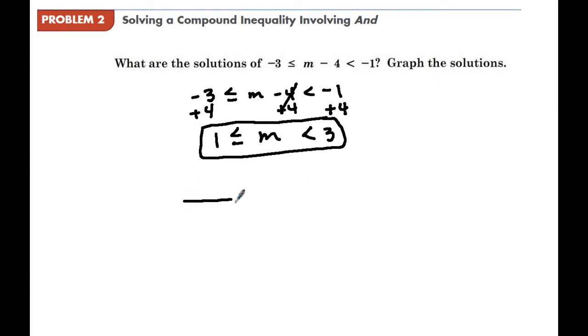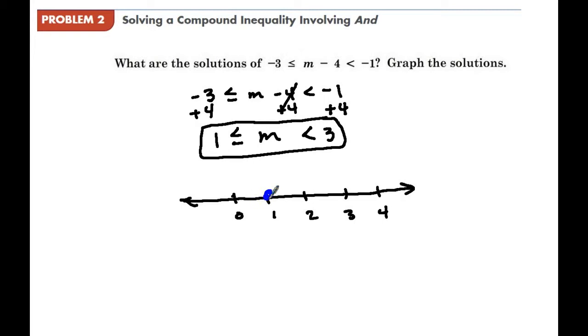We're going to draw a number line. I'll put here 0, and I'll go 1, 2, 3, and I'll put 4 right there. Here we have a line underneath, so that is going to be a closed circle at 1.